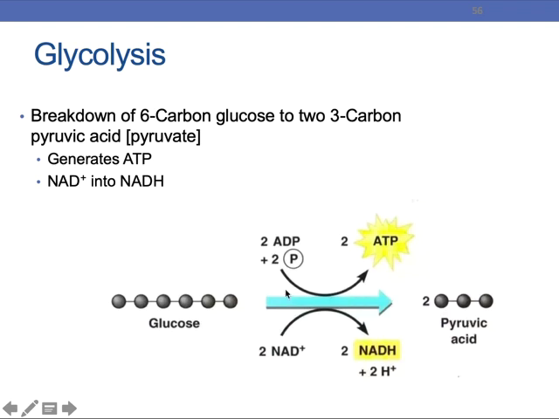Now in the process, you have 2 ATP that are produced, net energy, and then you have 2 NADH that is produced. NADH is reduced, the hydrogen makes it reduced, so it reduces nicotinamide adenine dinucleotide.